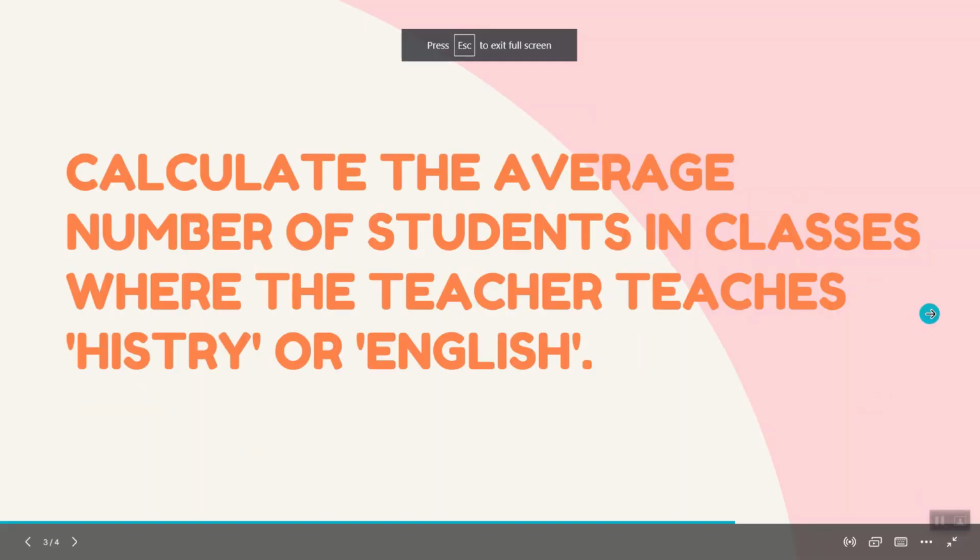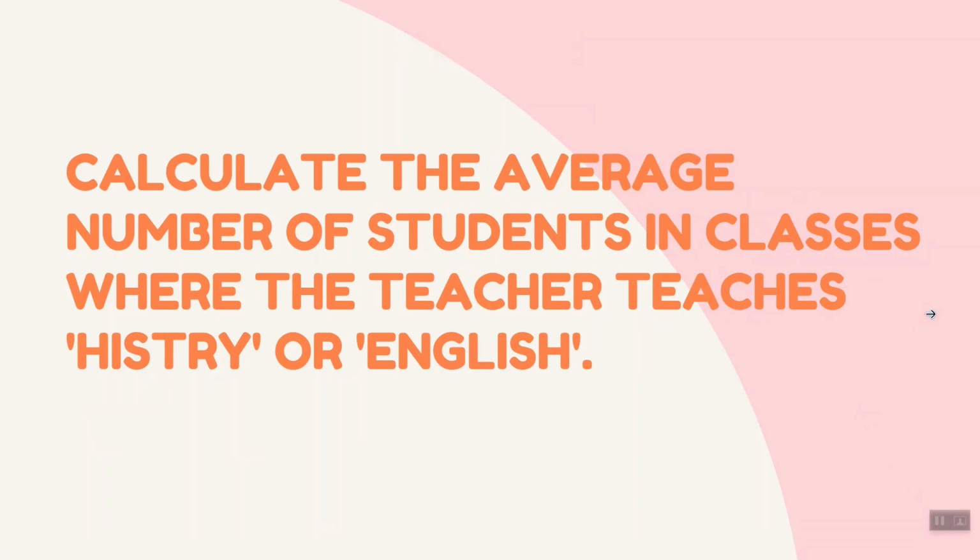Now let's see one another example. Calculate the average number of students in classes where the teacher teaches history or English. Here we want to check whether the subject names history or English are present in the subject column.